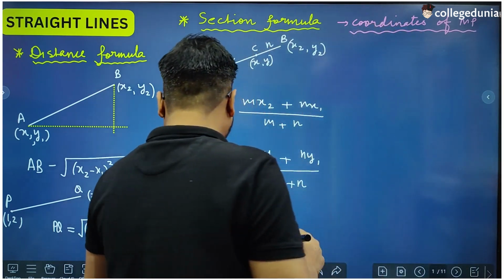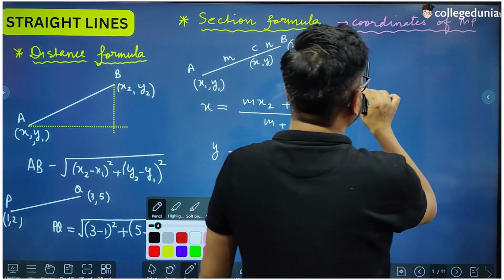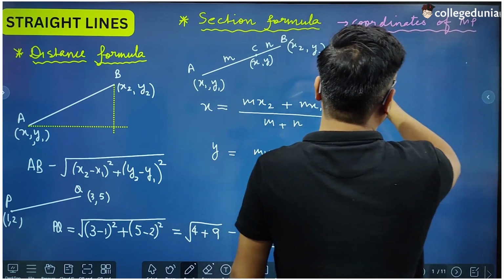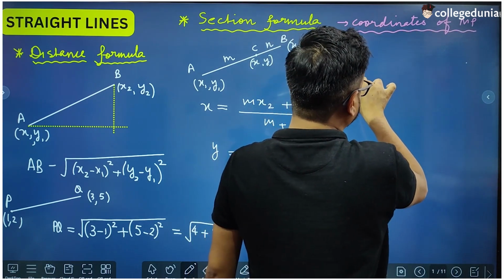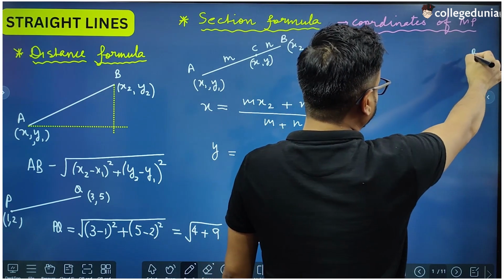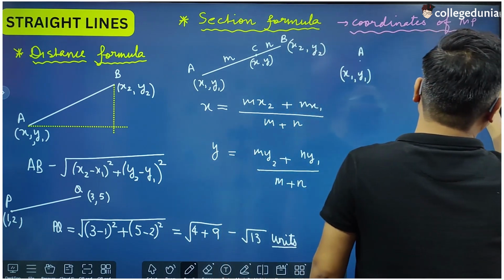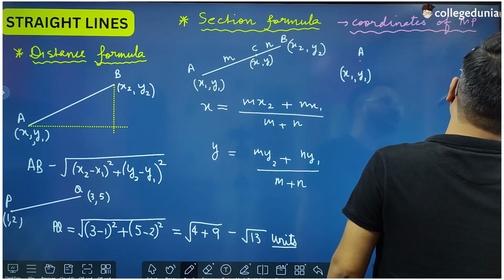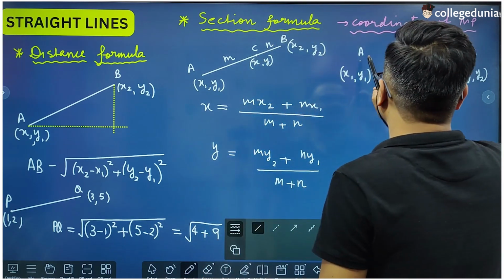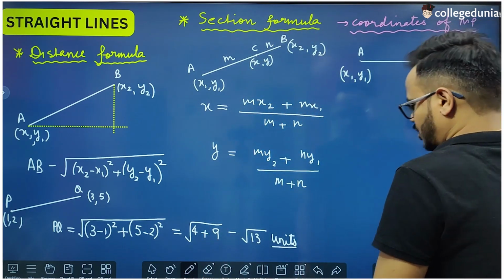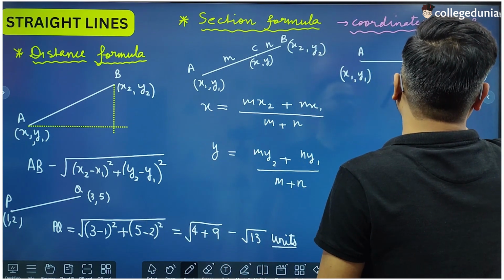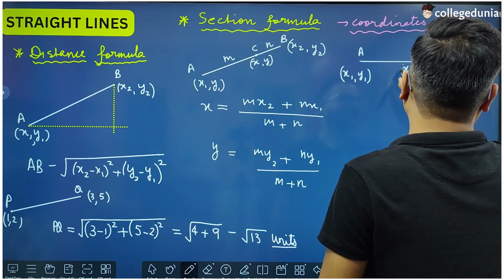Suppose C is the midpoint of A and B. Now this is A and this is B. A is x1 y1 and B is x2 y2, and let us say that the point C is the midpoint of the line joining A and B. So this is C, x comma y.